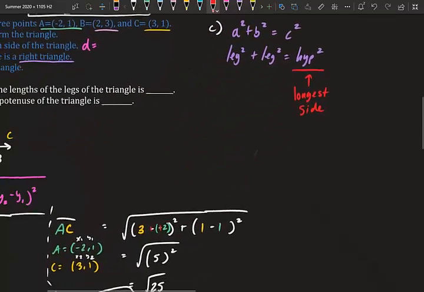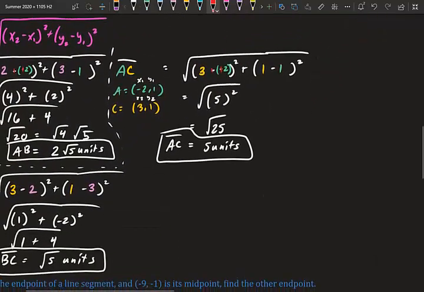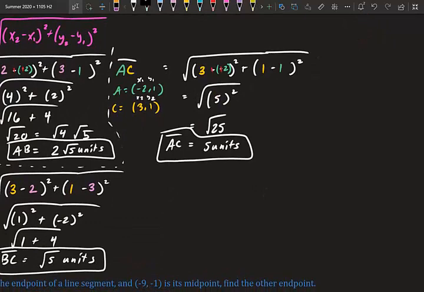Didn't we find all the sides? Yeah. So the largest side is AC. How do I know that? Because if you plugged AB into your calculator, you would get 4 point something. If you plugged in square root of 5 into your calculator, you get 2 point something. Those are all smaller numbers than 5.